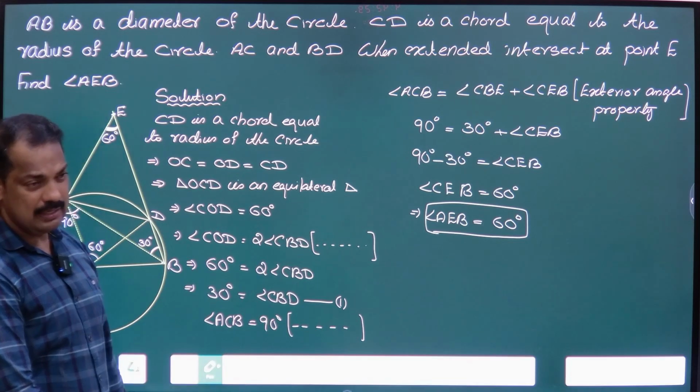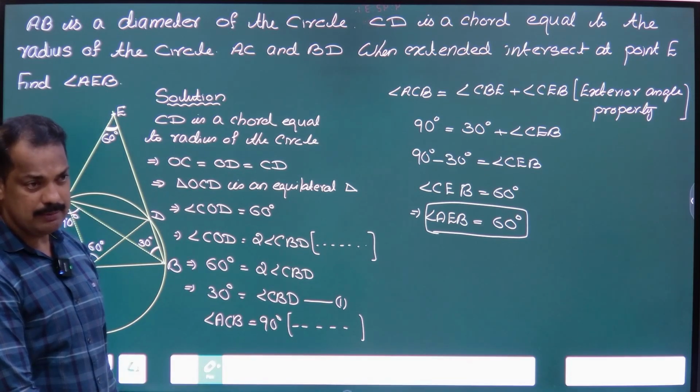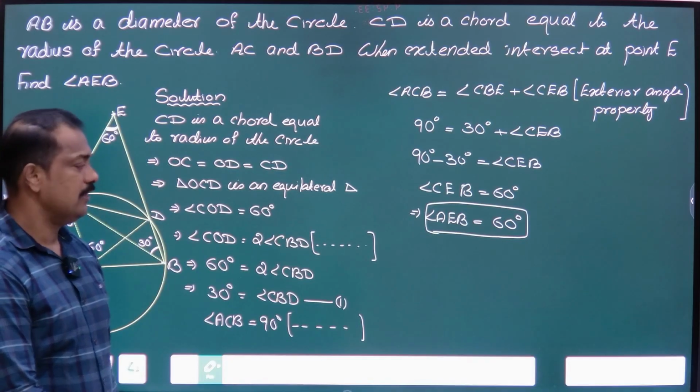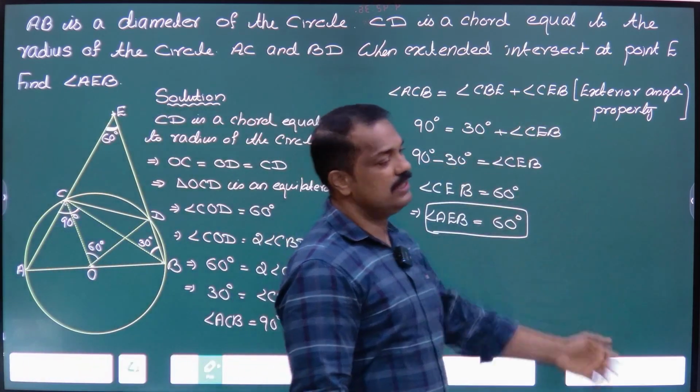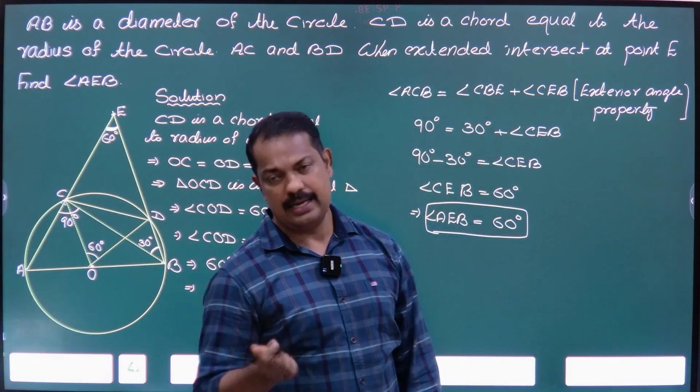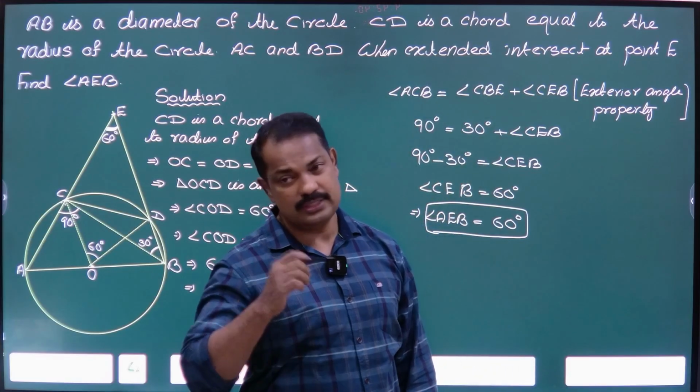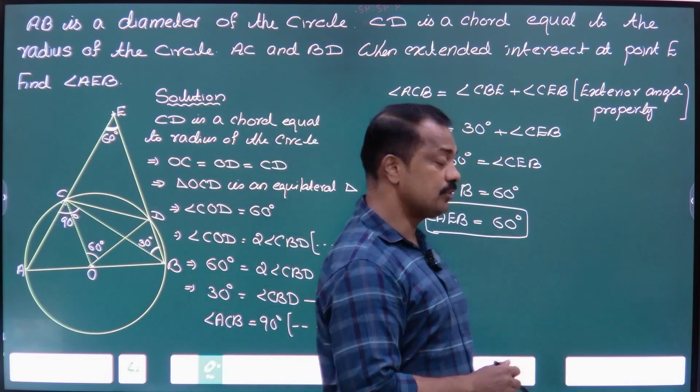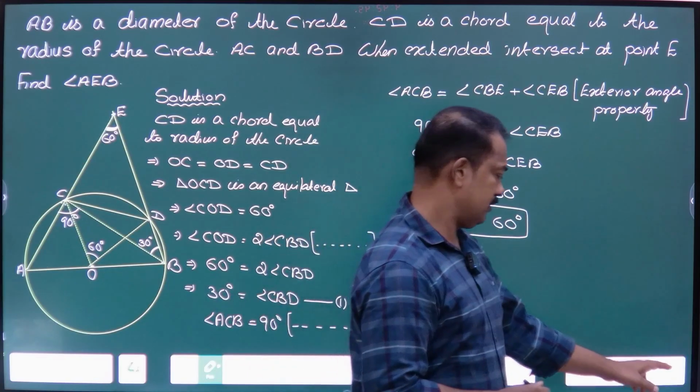Here, angle subtended by the diameter at any point on the circle is 90 degree. The third theorem, exterior angle property. Exterior angle is equal to sum of the interior opposite angles. Next question.